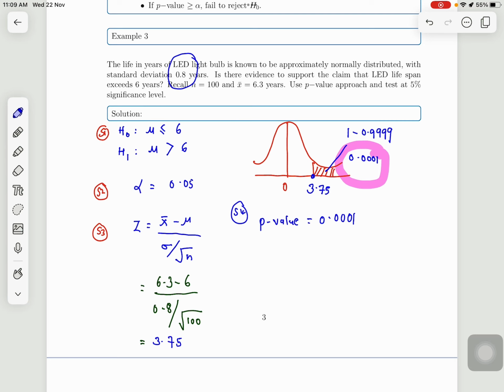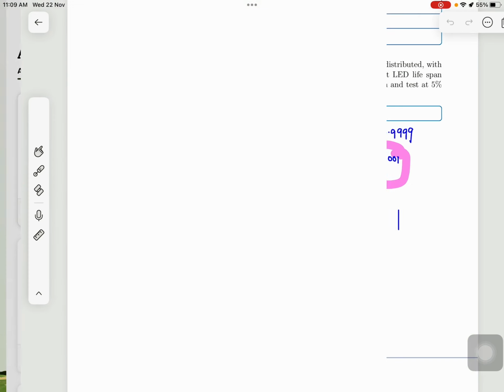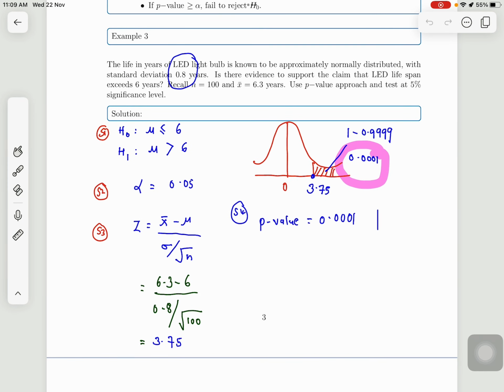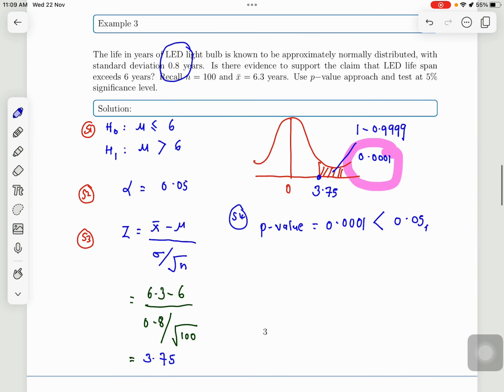So you know that this one is less than 0.05. So remember, if our p-value is less than significance level, our decision is reject H null.